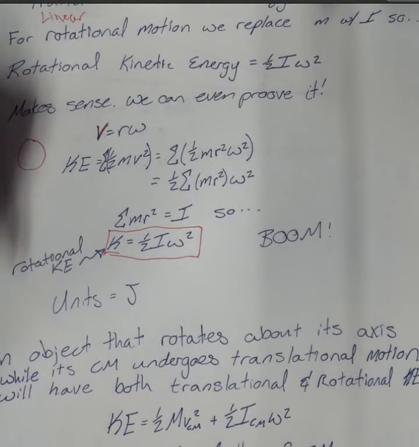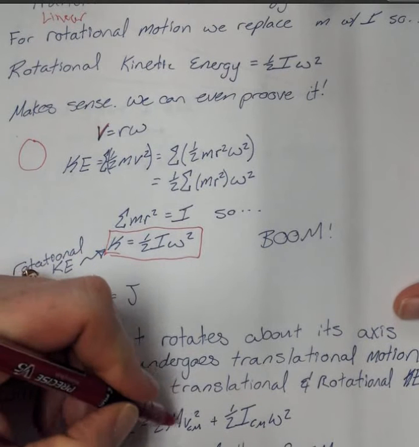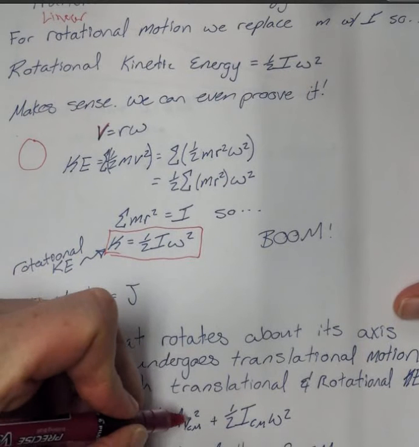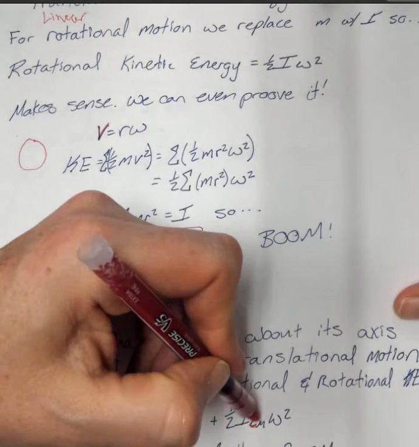So any object that does both things will have both types of kinetic energy. And that's displayed in this equation here as 1/2 M v squared, where the v is for the object's center of mass, plus 1/2 I cm omega squared.